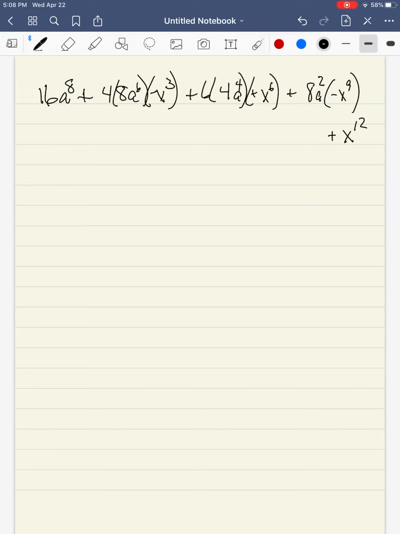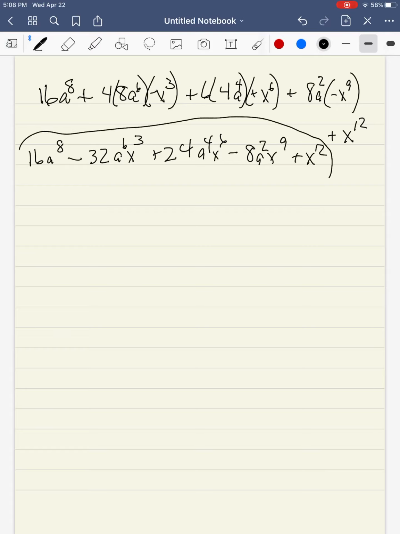Simplifying that, that will become 16a to the 8th. 4 times negative is minus, 4 times 8 is 32, a to the 6th, x cubed. 6 times 4 is 24, a to the 4th, x to the 6th, minus 8a squared, x to the 9th, and then plus the x to the 12th.